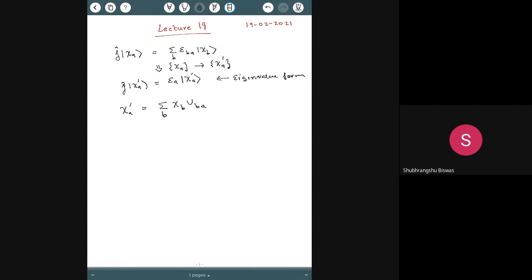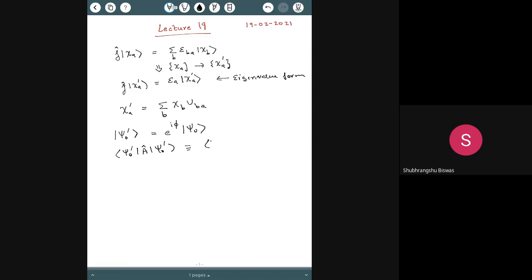And the determinant that would be formed from the chi A primes would be related to the old determinant psi naught by a phase factor, which means that all expectation values would remain unchanged, because the bra function will have an e to the power minus i phi and the ket will have an e to the power i phi, and those would cancel in all cases.